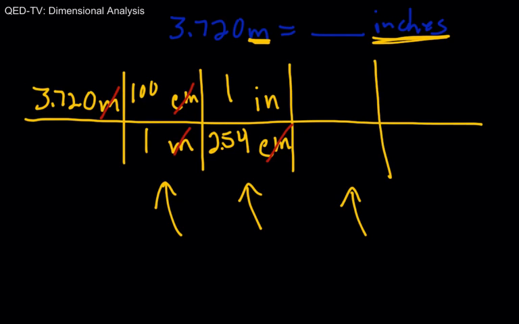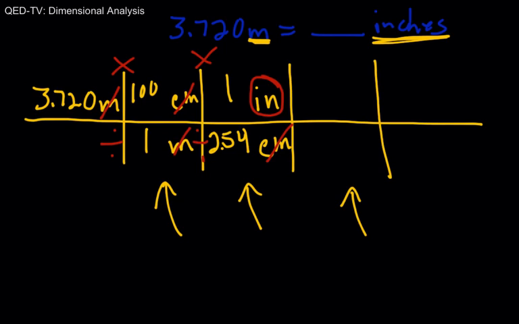And then finally I get to the units that I want, and I say, aha, I found you. I want inches. And so I know that my problem is going to be done, and all I have to do now is the math. The way we do the math is we multiply all the top numbers and we divide by all the bottom numbers.